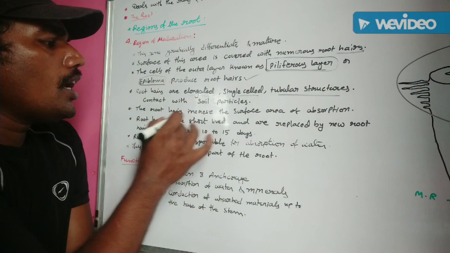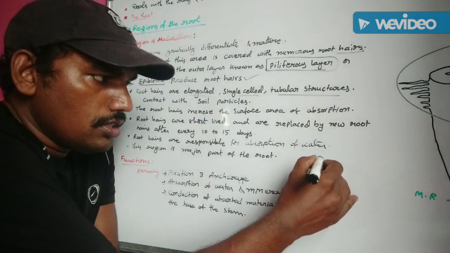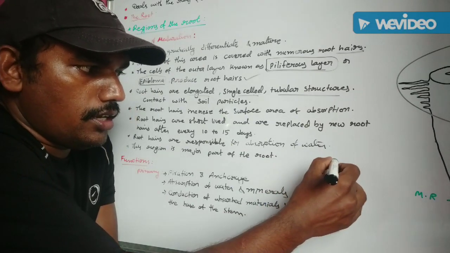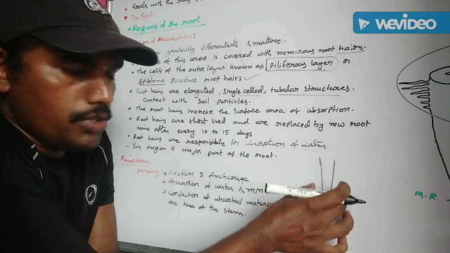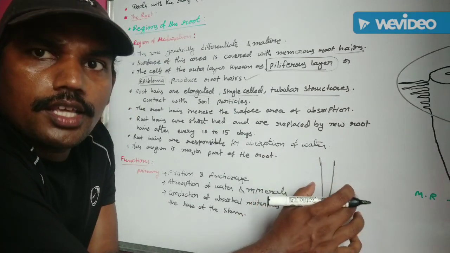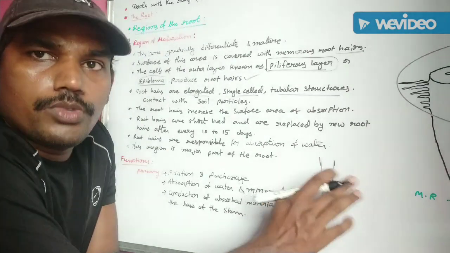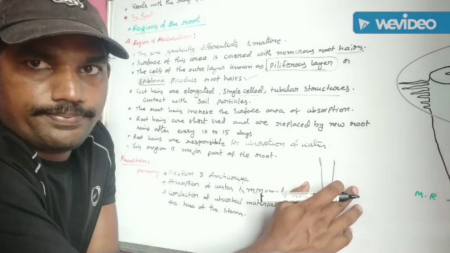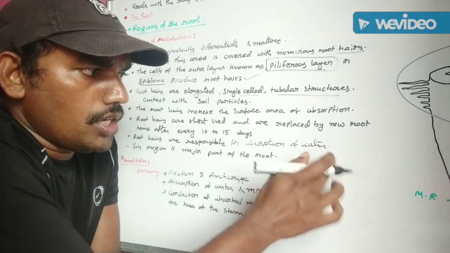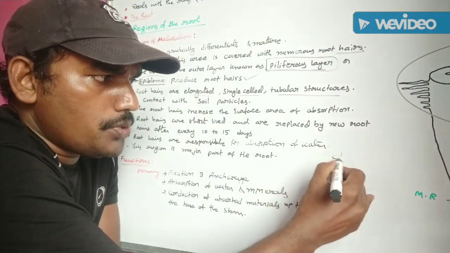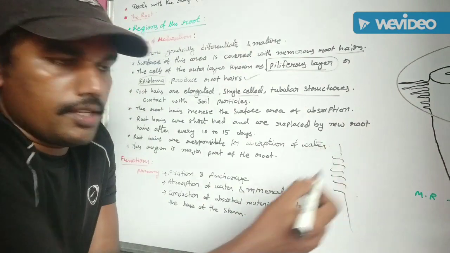Next one. The root hairs increase the surface area of absorption. Suppose this one is the root. In this root, the outer layer is a very thin layer. It easily absorbs water from the ground by diffusion. But in the maturation region containing root hairs, the absorption surface area is also increased.